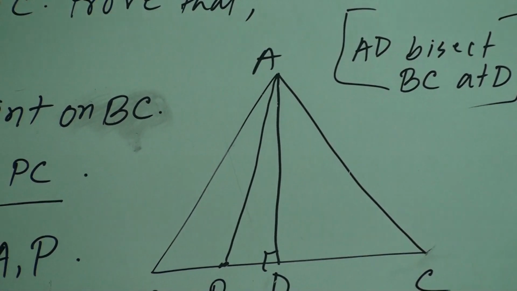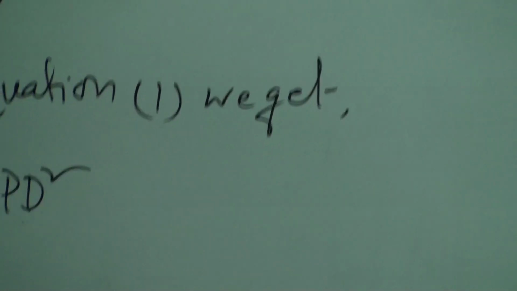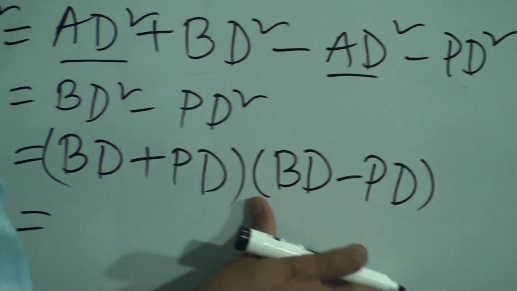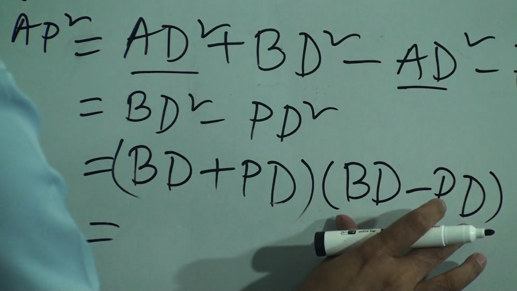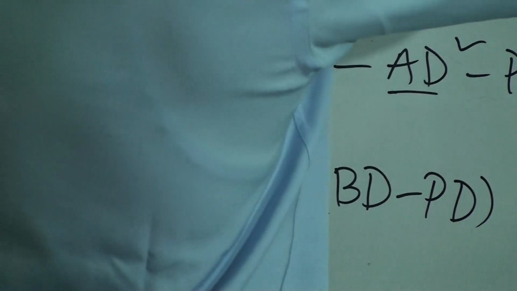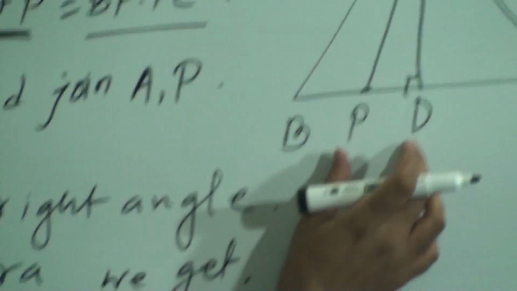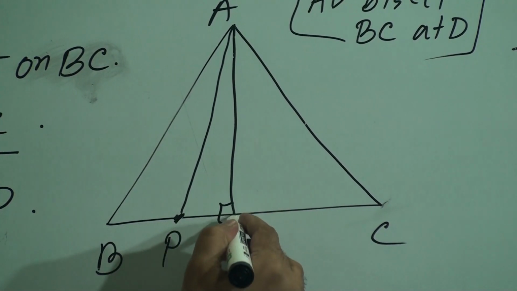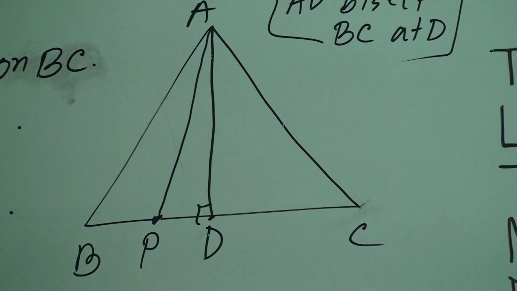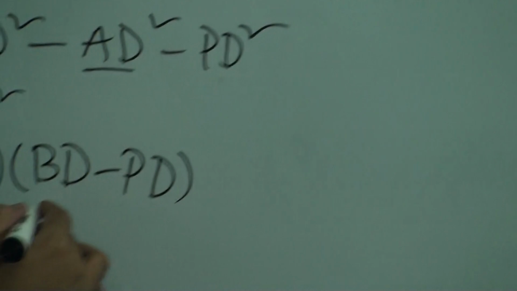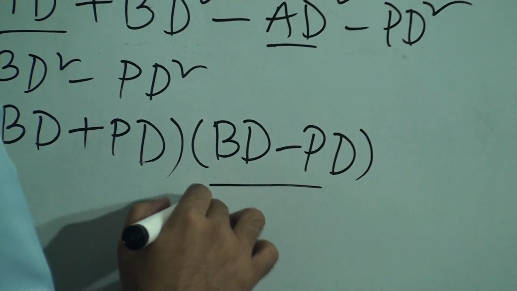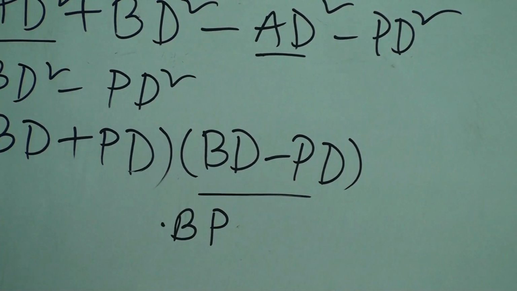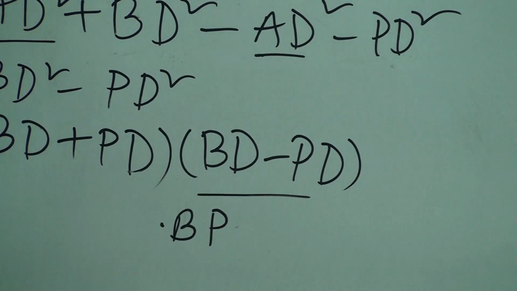From BD minus PD we will get BP. It means that we have to subtract PD from this total. So in this case, we will get BP. But we need PC now. How can we get PC?